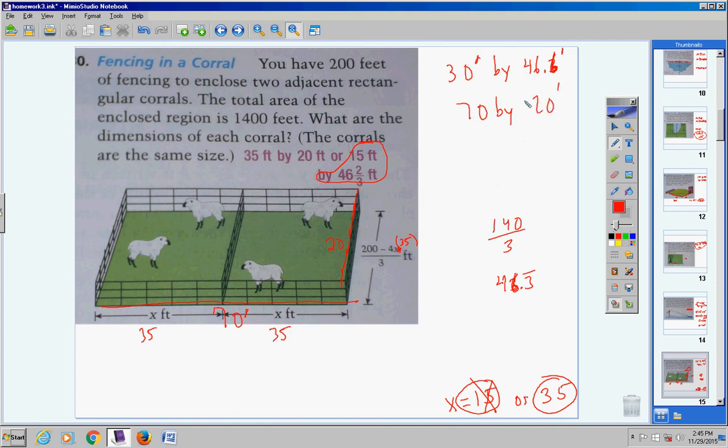Now their answer over here, they have 35 by 20 because they wanted just this corral right here, which is fine. If you told me on a test or a quiz the whole thing was 70 by 20, I'd have no problem with that. Also for this answer here, we put 30 by 46.6. They put 15 because they wanted just the dimensions of this corral, which is 15 by 46.6. Either way is fine.